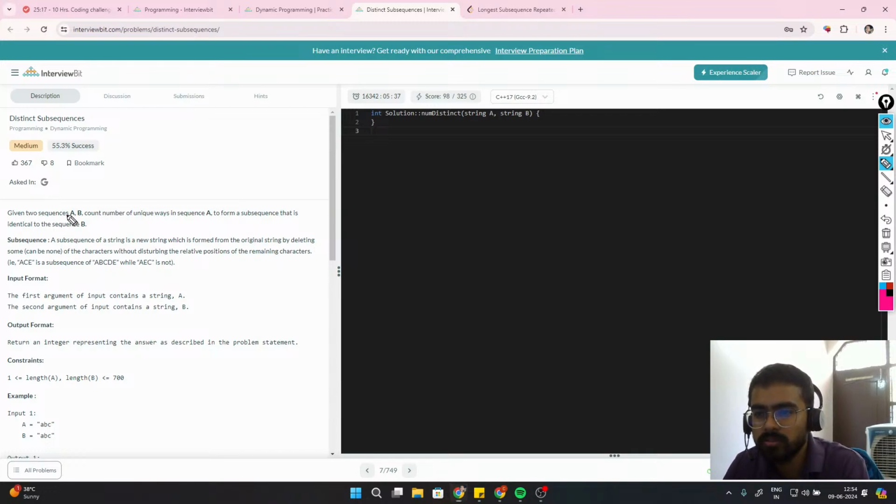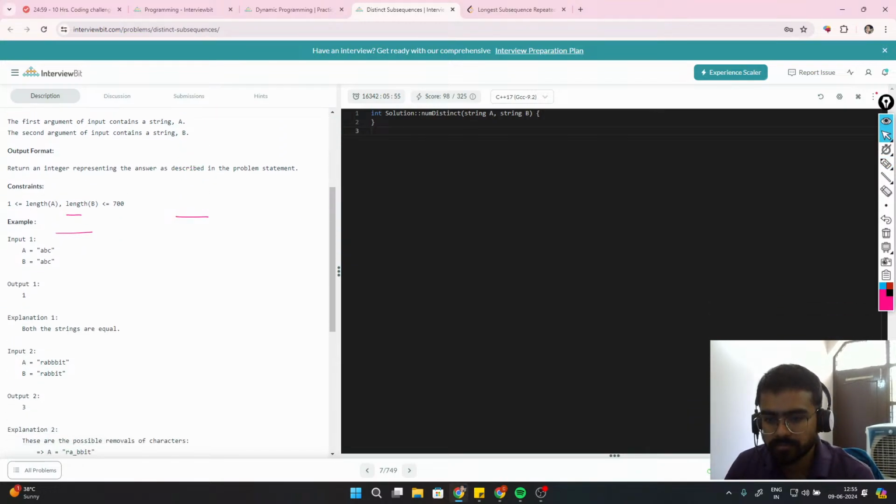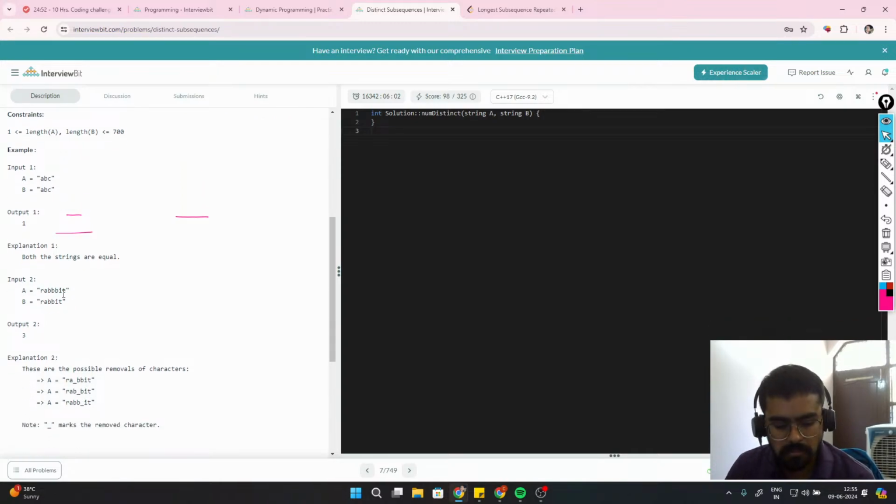Here we are given two sequences A and B. Count the number of unique ways in sequence A to form a subsequence that is identical to the sequence B. Now RABBBIT and RABBIT. These are the possible removals of the character.